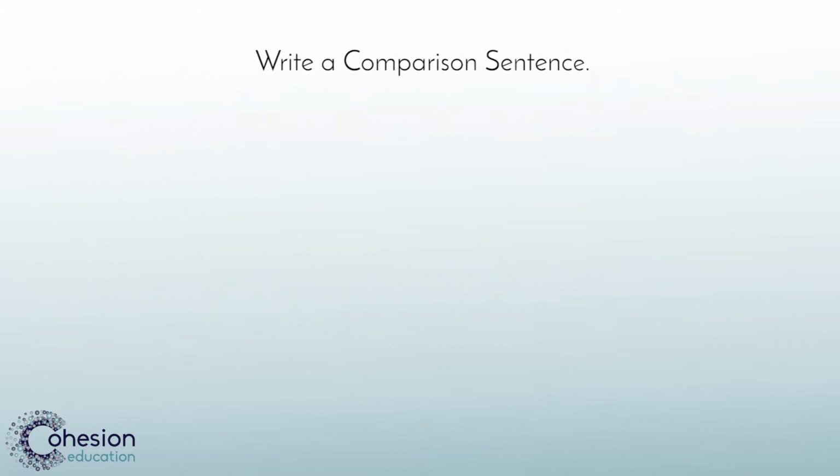Now that we have solved multiplication comparisons with bar models, let's take a look at how that translates in a comparison sentence. Students may only see a multiplication equation, like the one we just created, 6 times 7 equals 42, and be asked to write a comparison sentence. When asked to fill in the blanks to complete a comparison sentence, students should remember that the equal symbol can be represented with the word is, and that the multiplication symbol can be represented with the phrase times as many as.